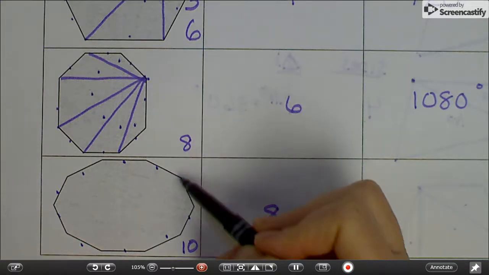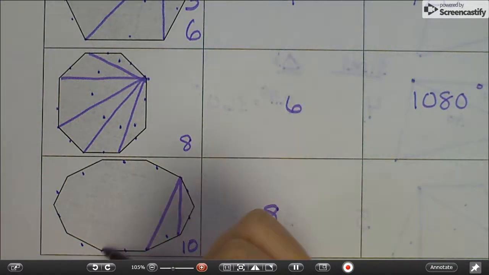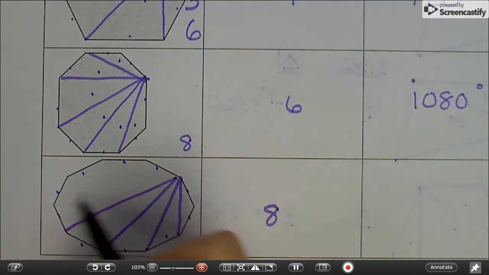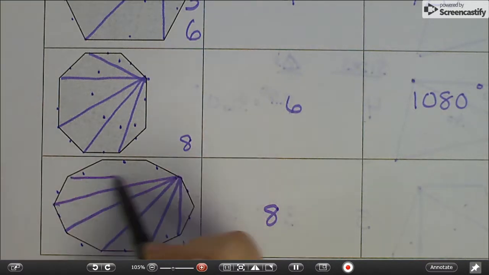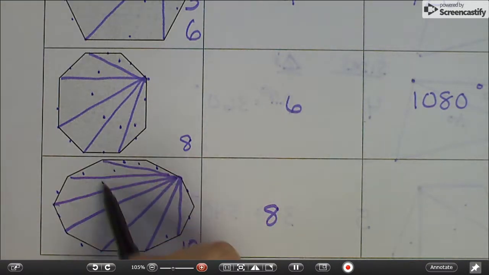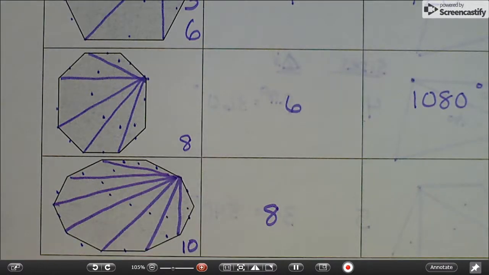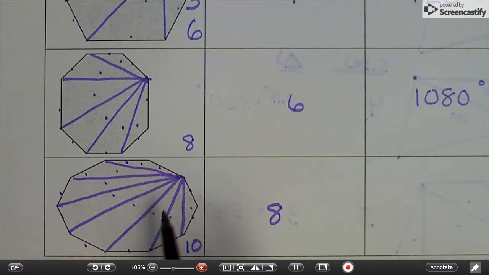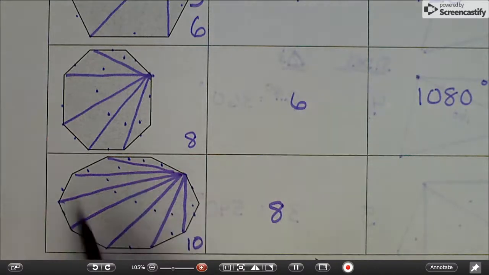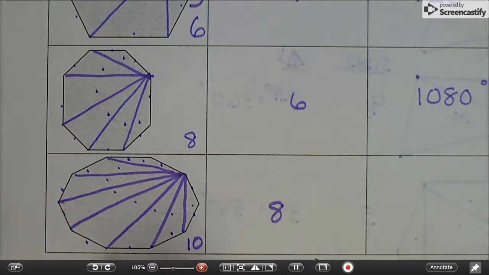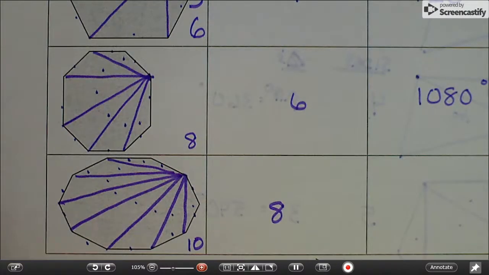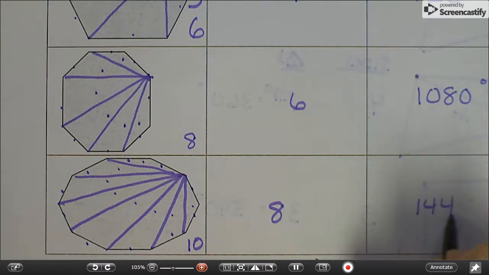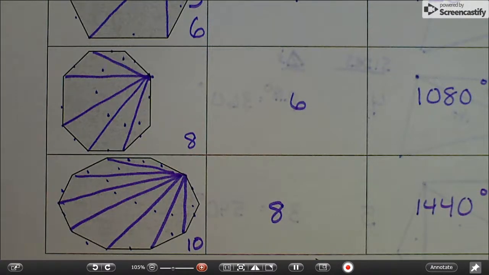All right, so I'm going to draw this and double check so you can see that that's true. 1, 2, 3, 4, 5, 6, 7, 8 triangles. So it has two fewer triangles than the number of sides, it looks like. Well, 8 times 180 is 1,440 degrees.